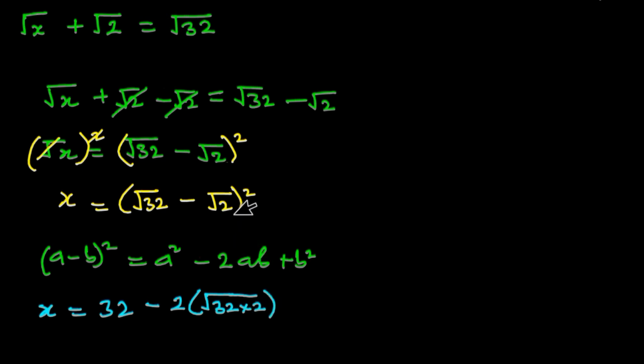Right. Then I will square this negative square root of 2, and this one gives me positive 2. Right. So from here, our x is equal to 32 plus 2 is equal to 34, then minus 2 into square root of 32 times 2 is equal to 64.